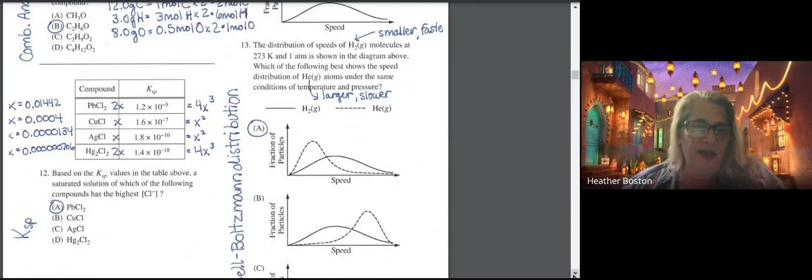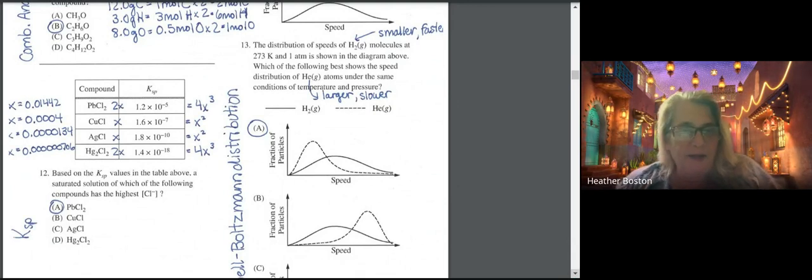Number 12 is a Ksp, so you're looking for the highest concentration of Cl. Well, you look at the last two, silver chloride and mercury 1 chloride, they both have very low solubilities.